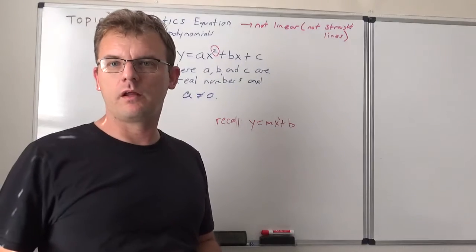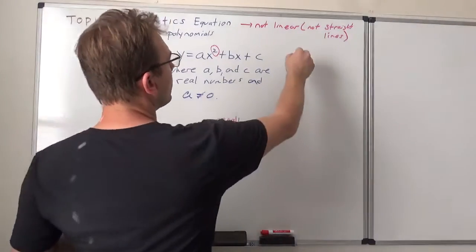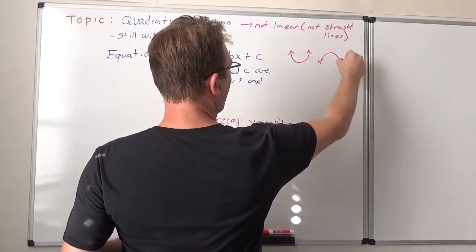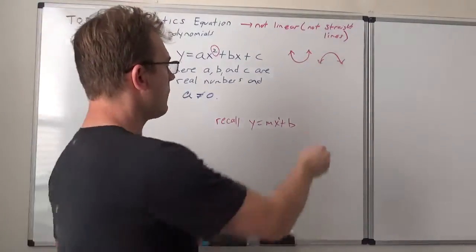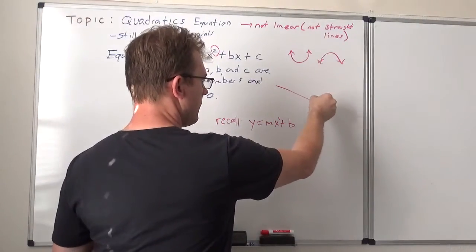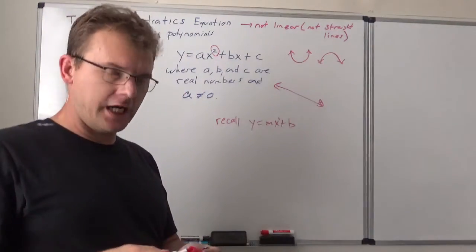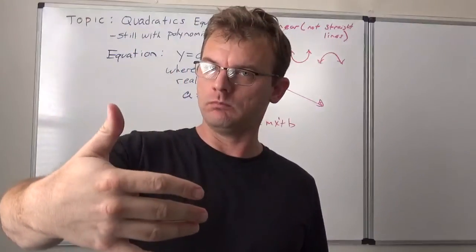We're going to start doing non-straight lines. So we're going to look at things like this. That's what we're going to be looking at now. We're no longer going to be looking at straight lines. Okay, so we're changing our viewpoint, our second dimensional.